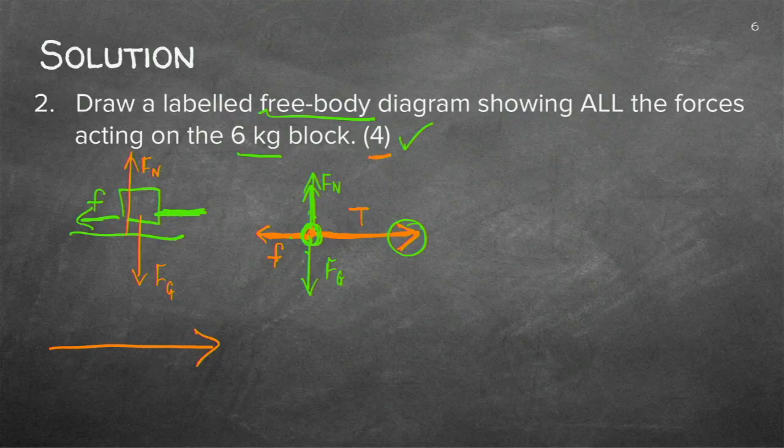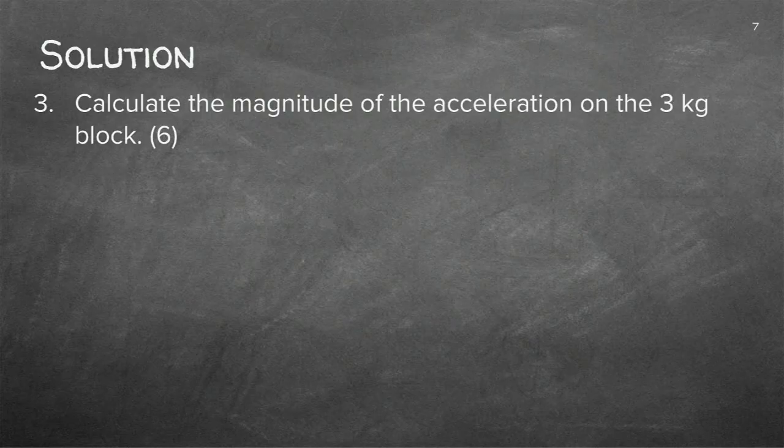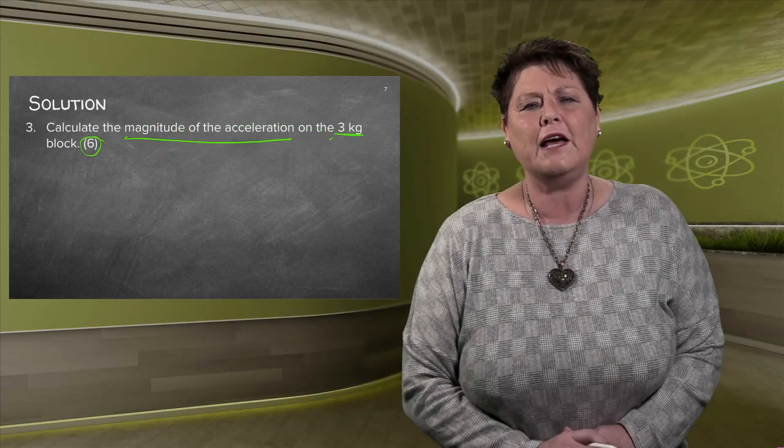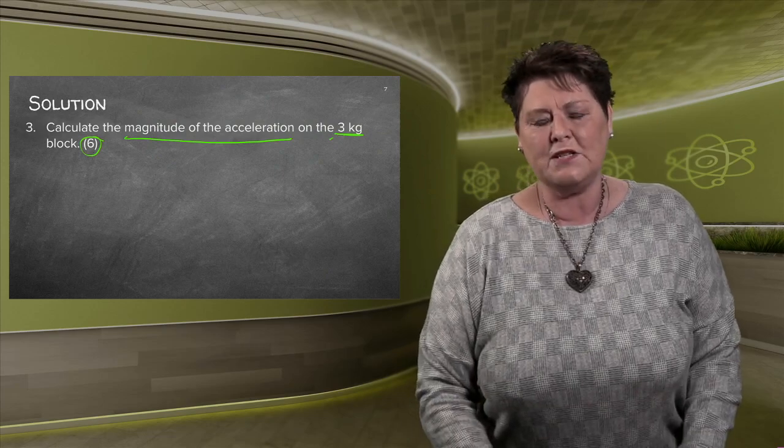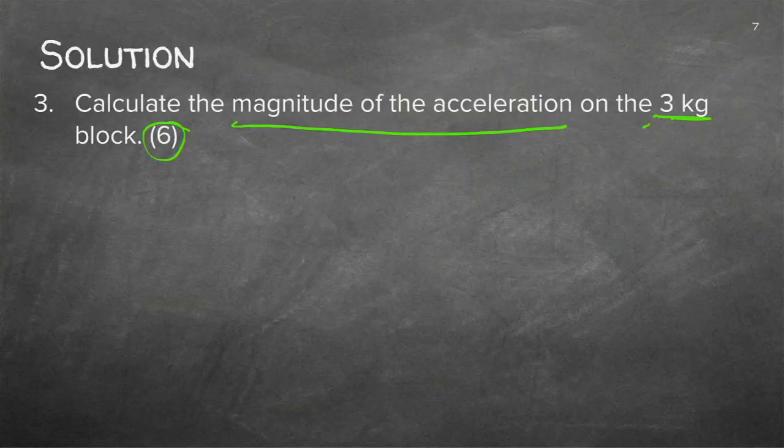Following question. They ask me now to calculate the magnitude of the acceleration of the 3. Now immediately if it's 6 marks, you know there's going to be more calculations than just a straightforward substitution. Let's go to the 6 kilogram block. What do I know about the 6 kilogram block? I know there's a force pulling it that way as well as that way.